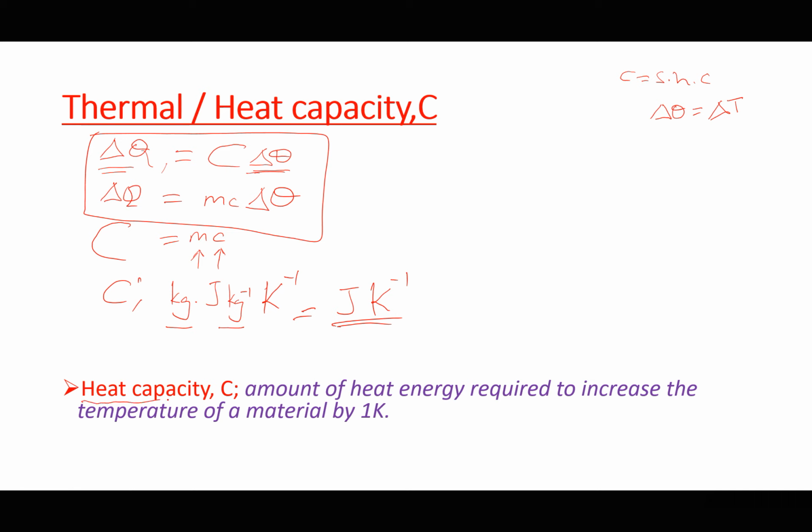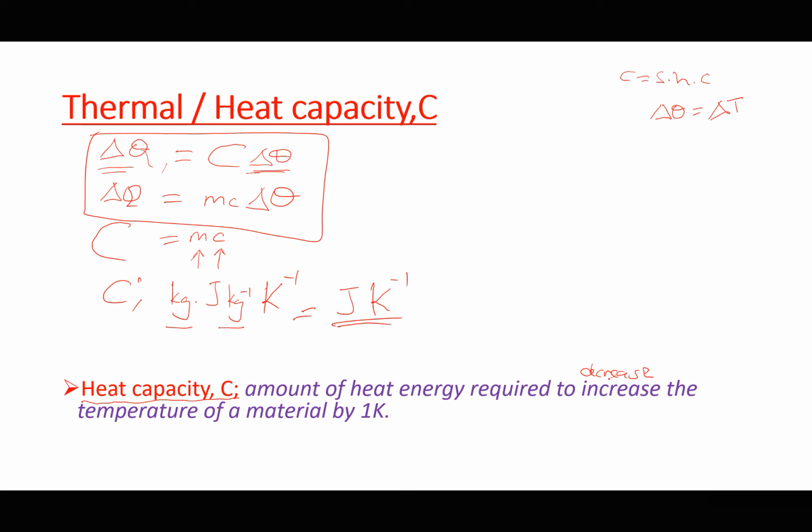So heat capacity will be defined as the amount of heat energy required to increase the temperature. Sometimes it may be to decrease, just like even for specific heat capacity. So the amount of heat energy required to change the temperature of a material by 1 Kelvin is what we call heat capacity.